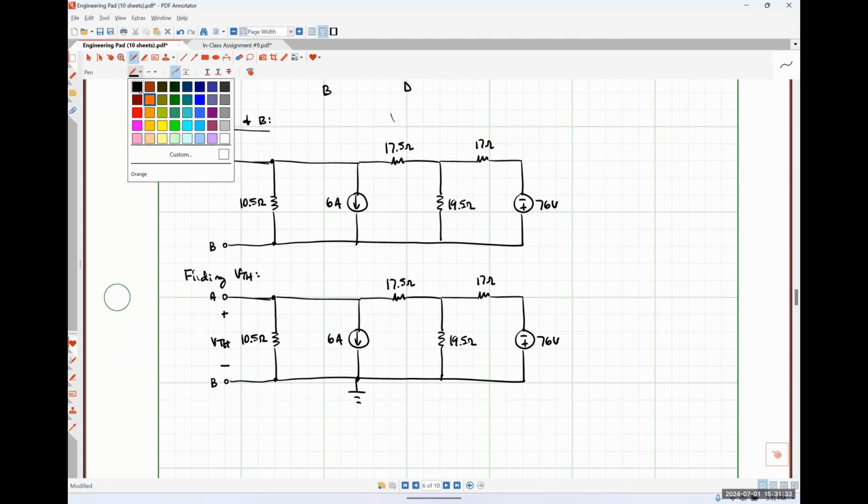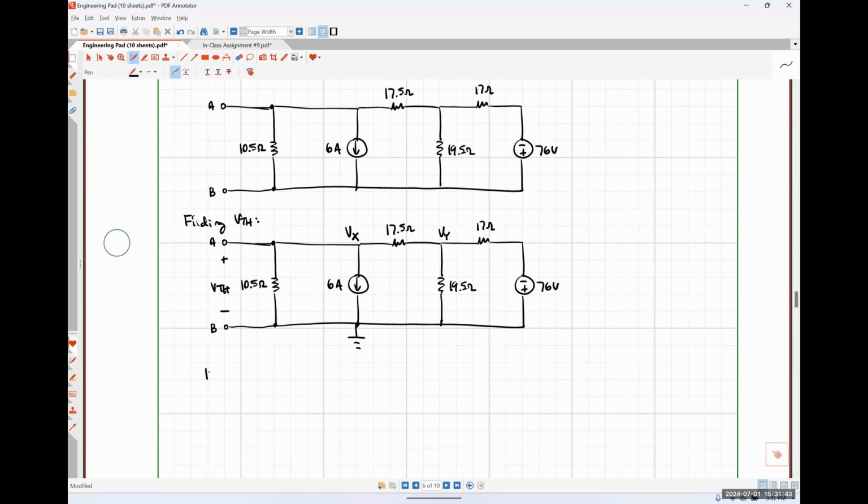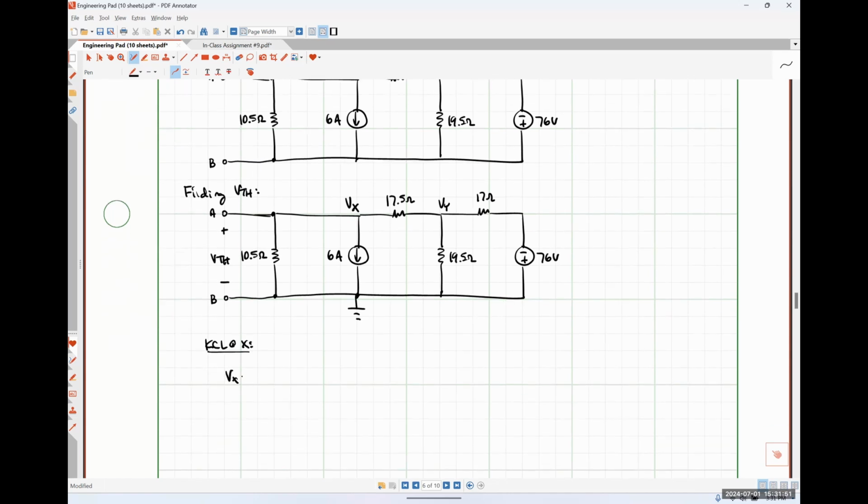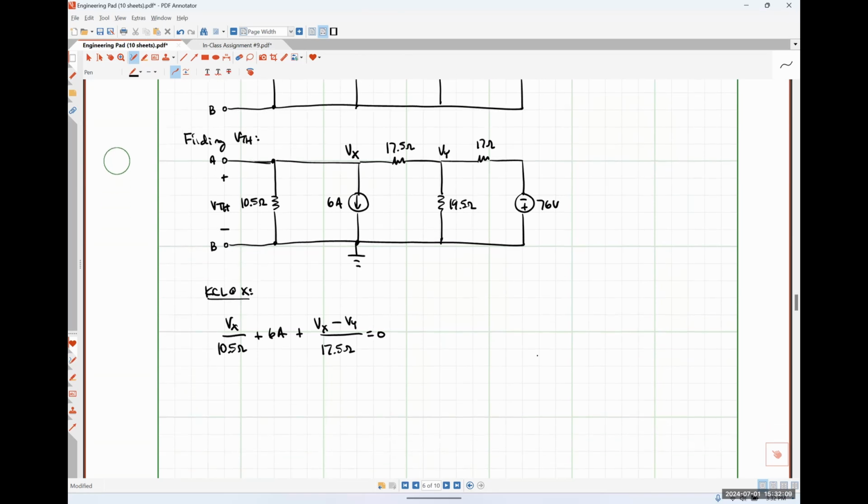I'm going to call this node X and this node Y. And so when I write my KCL at X, I'm going to have Vx over 10.5 plus 6 amps plus Vx minus Vy over 17.5 ohms is equal to 0.